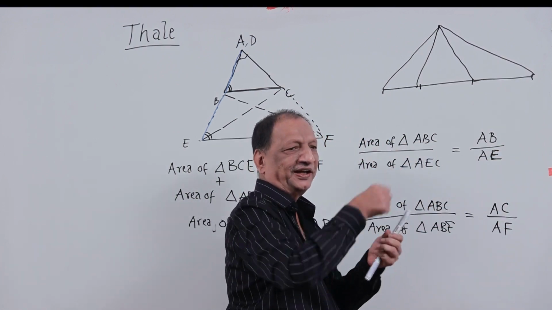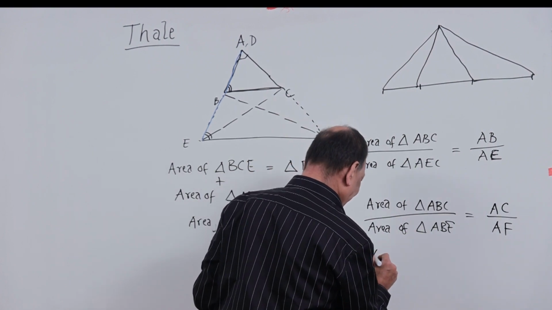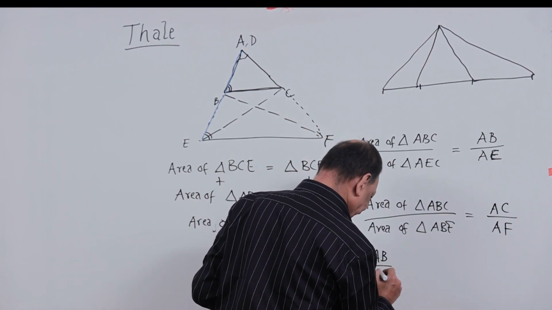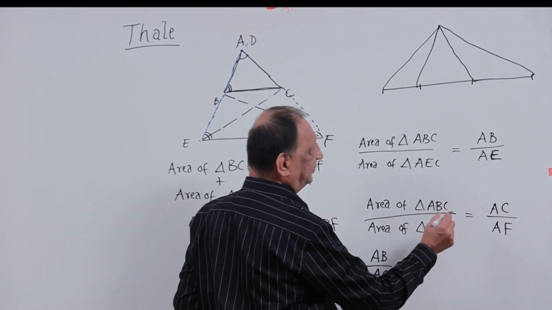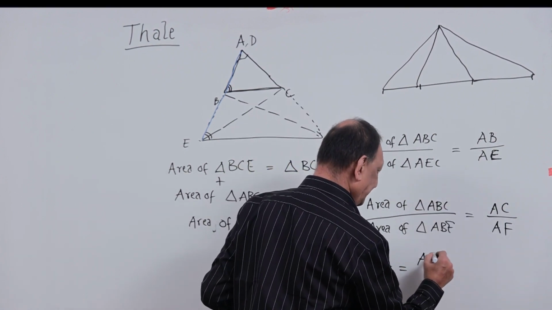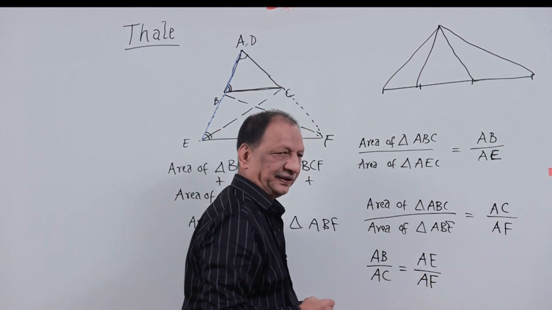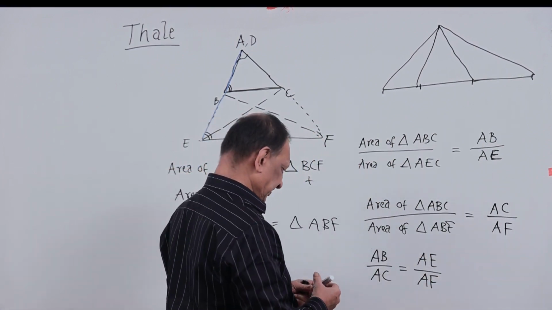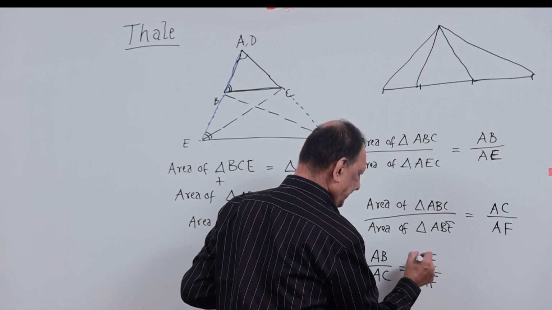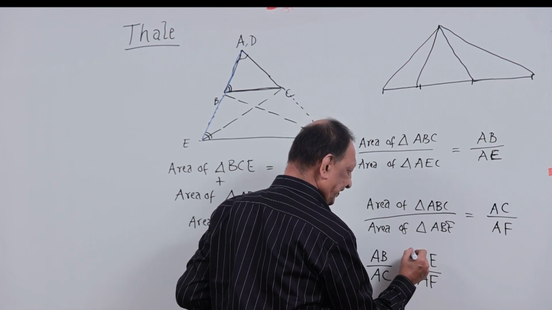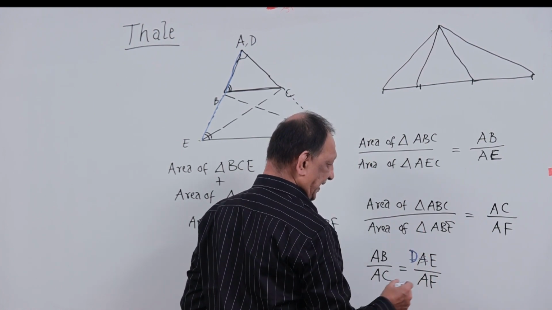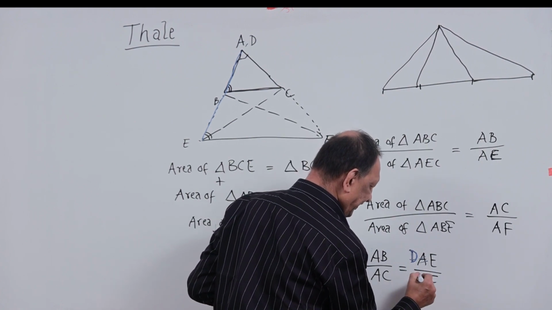And we exchange the numerator and denominator. We can say AB by AC must be equal to AE by AF. Correct? And AE, you can also write as DE. Both are the same. D and A are the same points, right? And AF is the same as DF.